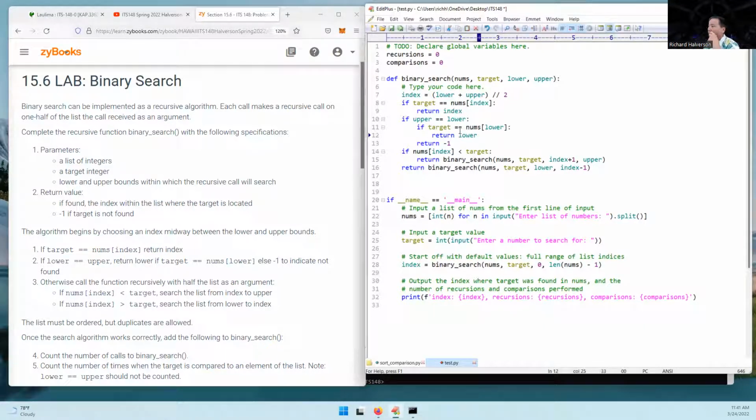Well, anyway, if lower is equal to upper and the target is not equal to that, then I'm not even sure we need this part. But in any case, if lower is equal to upper and the target is not equal to it, then we know that it's not in there. So then we can return -1.